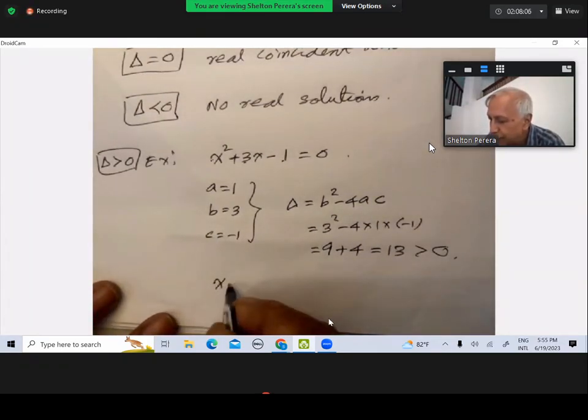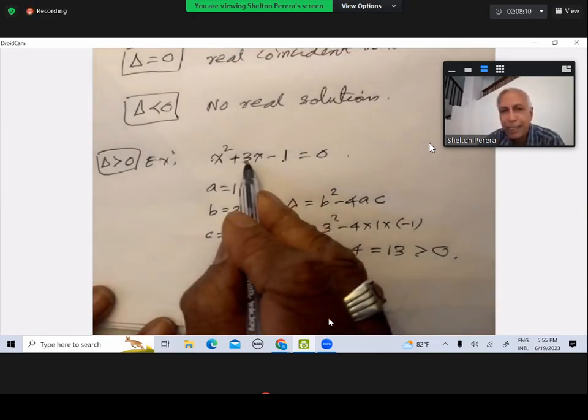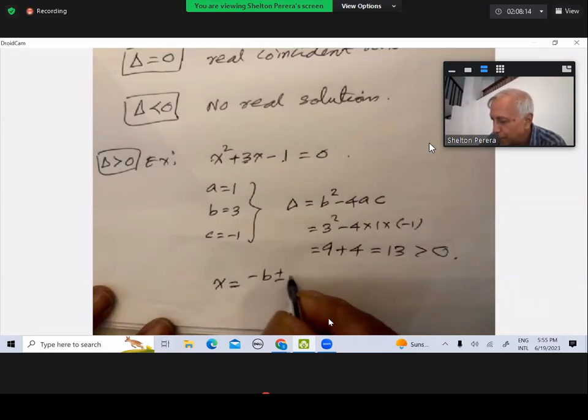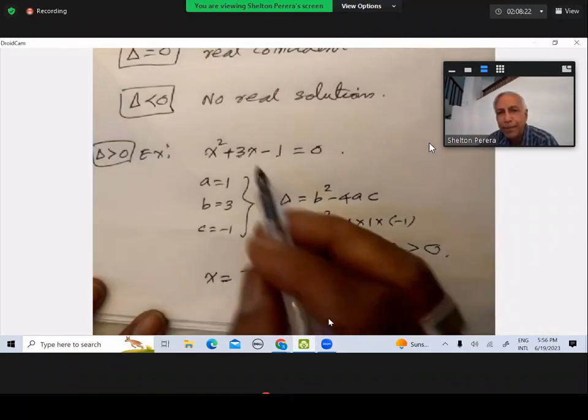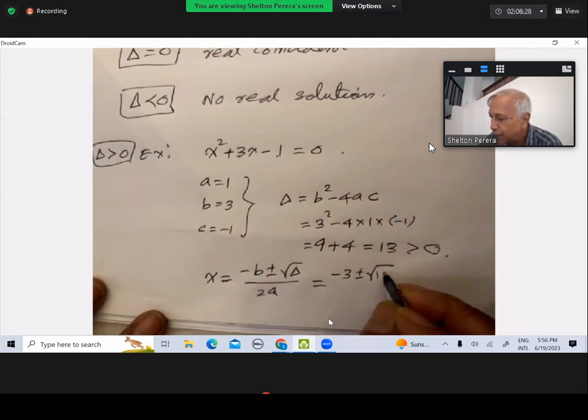What are the solutions? x is equal to minus b plus or minus square root delta over 2a, which is equal to minus b, that is minus 3, plus or minus square root 13, over 2 times 1, which is 2.